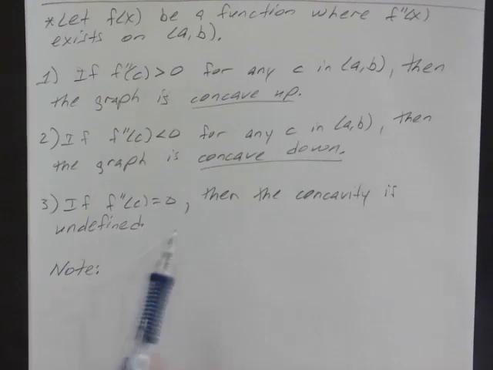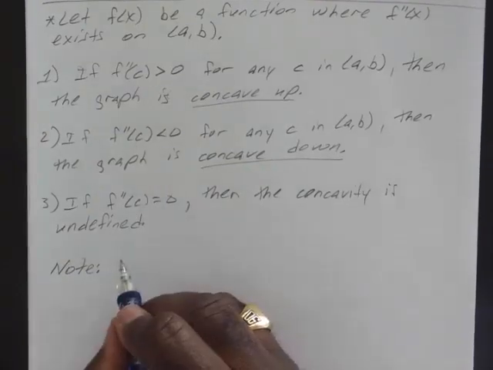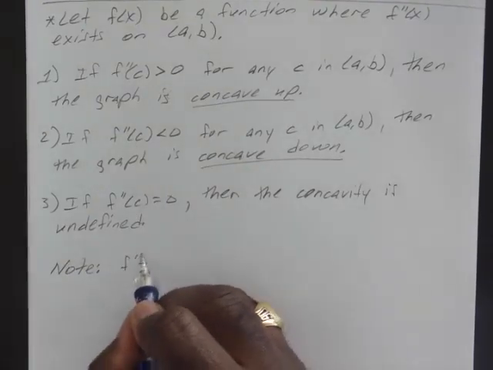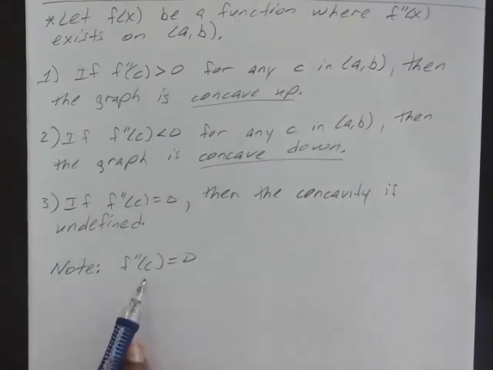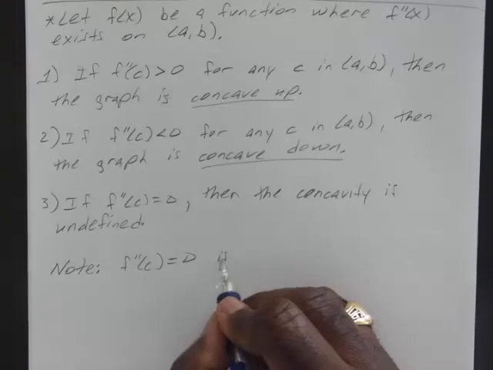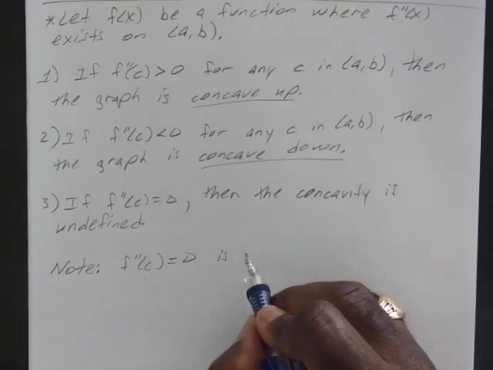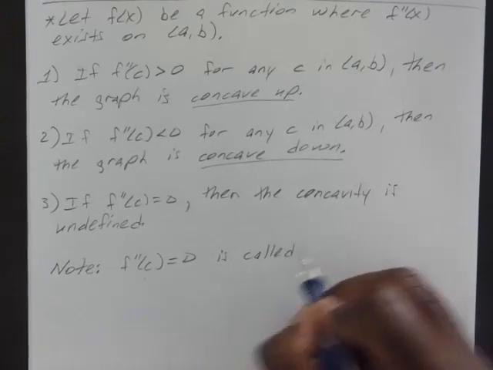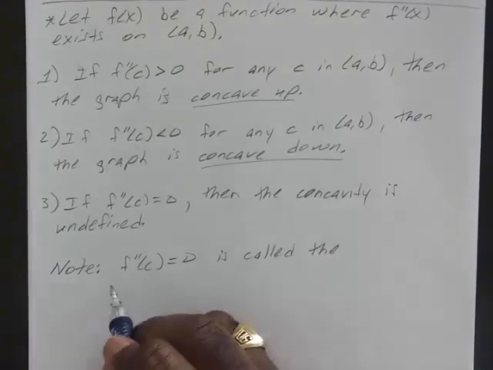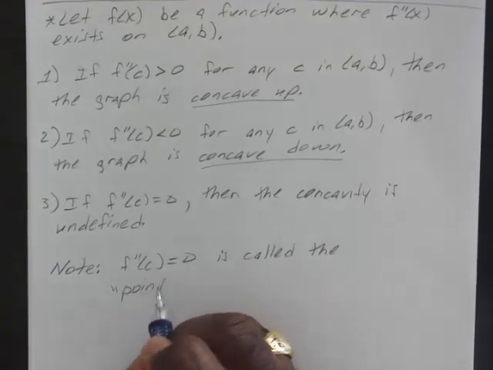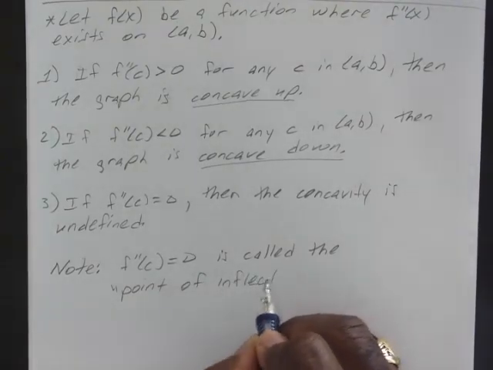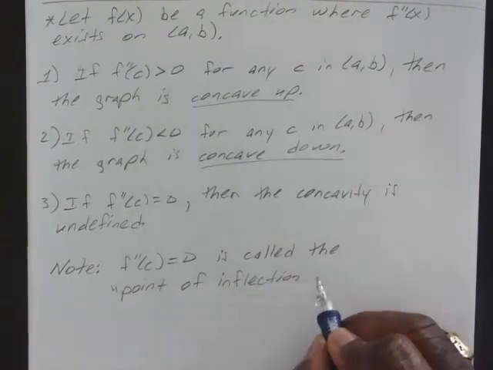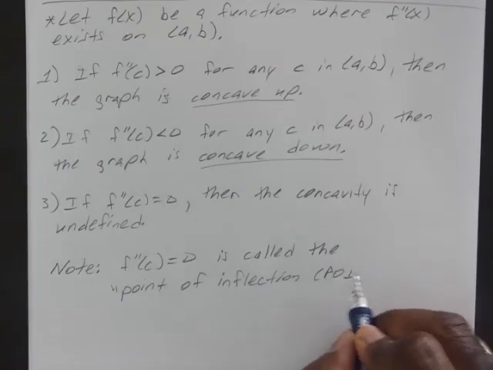Okay. Now, at that particular point, when your second derivative is equal to 0, that's called the point of inflection, or sometimes you just see POI.